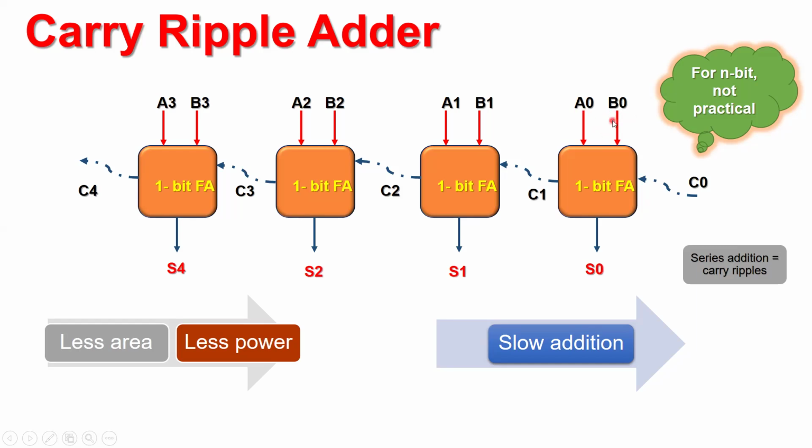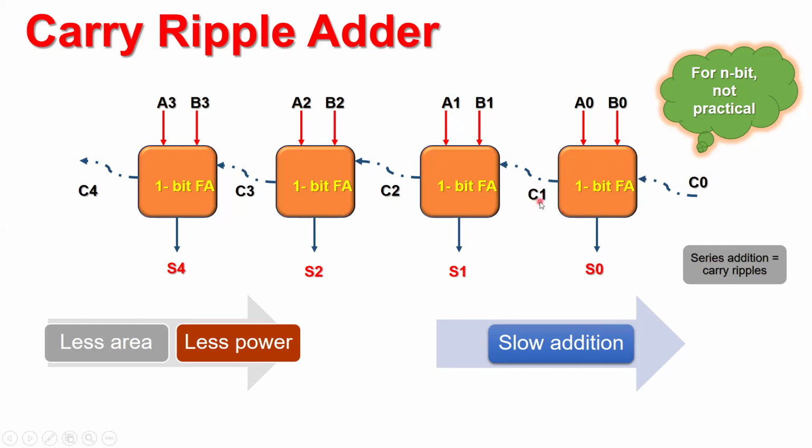So A naught and B naught produce S naught and C1. Then you add A1 and B1, which produces S1 and C2, and so on. So after adding A naught, B naught, and C naught, assuming C naught is initially 0, if A naught and B naught both are 1, we know that the carry is likely to be 1. That is how the binary addition takes place.